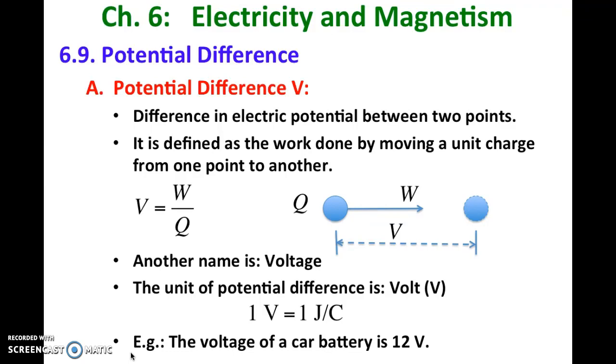Therefore, the electric potential difference V equals the work done W divided by charge Q. V equals W over Q. The unit of the electric potential difference is therefore joule per coulomb, named as volt, shortened by V. For instance, the voltage of a car battery is 12 volts.